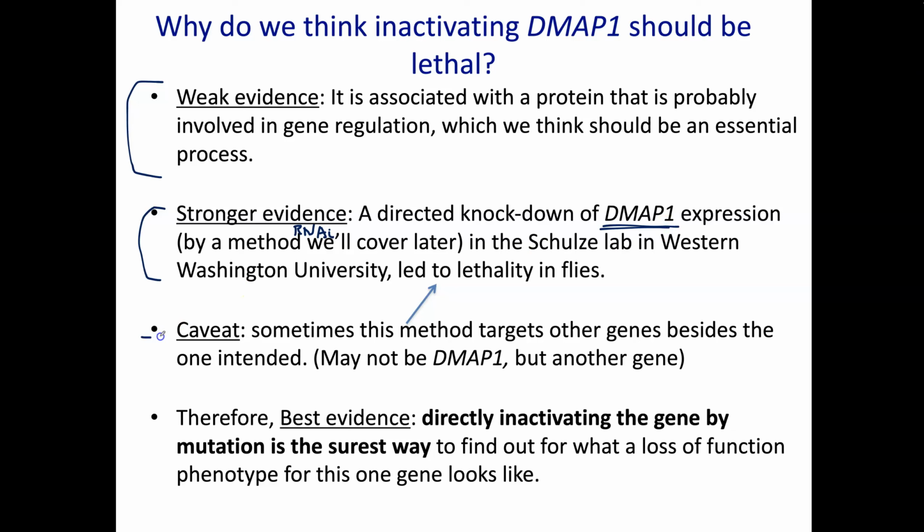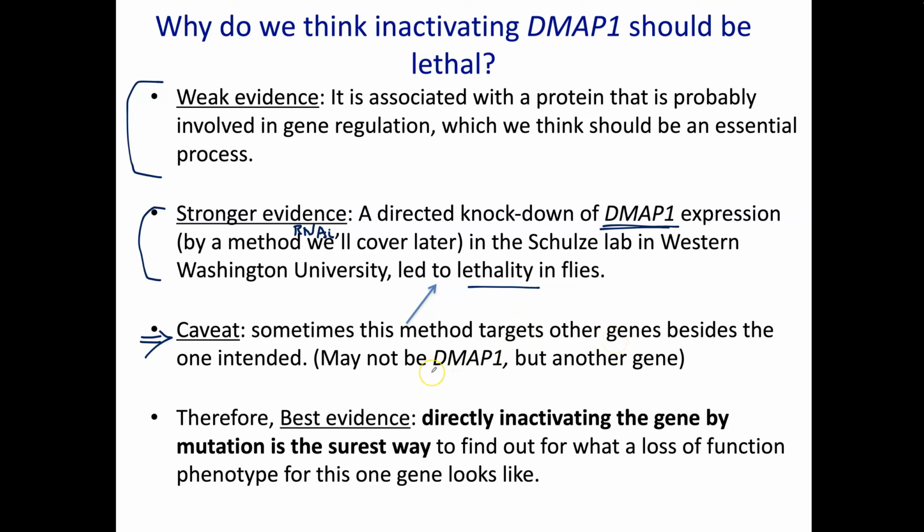However, there is a problem with this method, which is that sometimes, and we can't always detect this, it is possible that your method knocks down some other genes besides the one you're intending. So there's a small chance, it's not a huge chance, that the lethality that Sandra observed in DMAP1 knockdown flies is due to another gene besides the one intended.